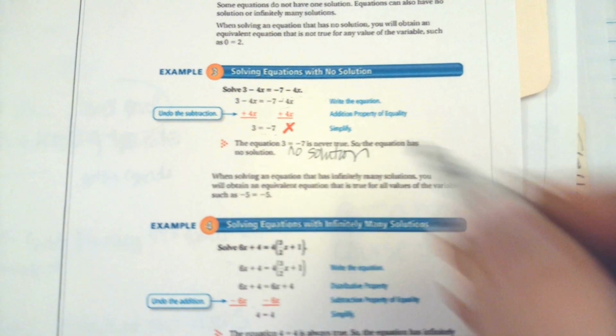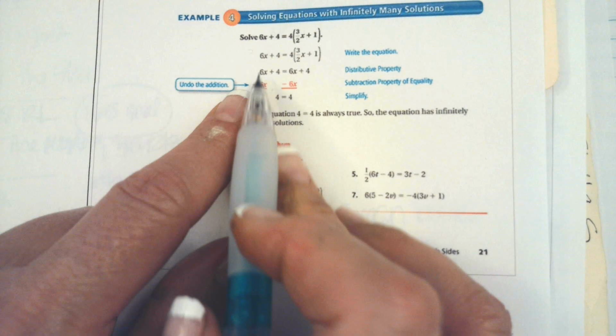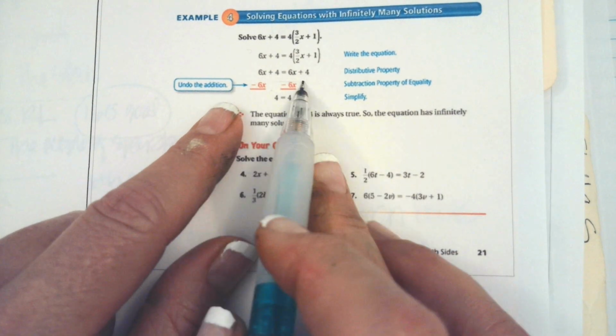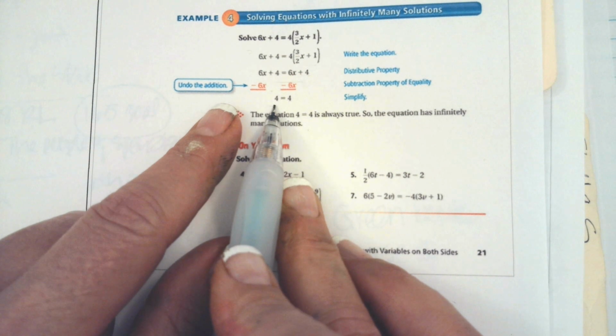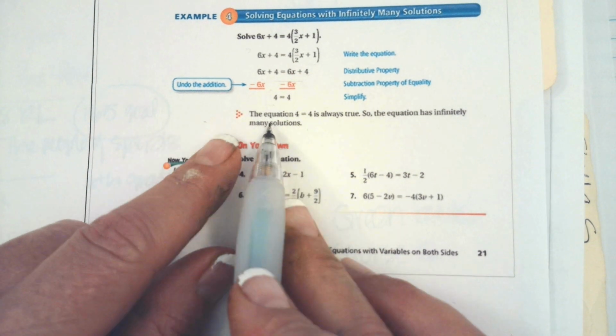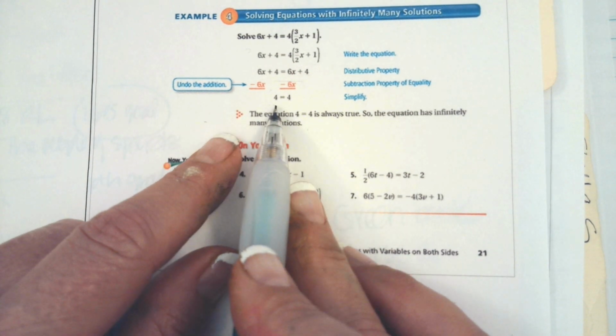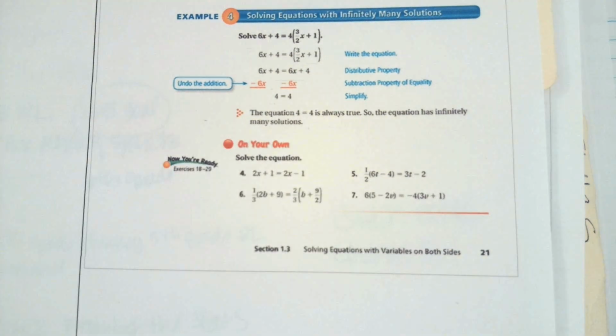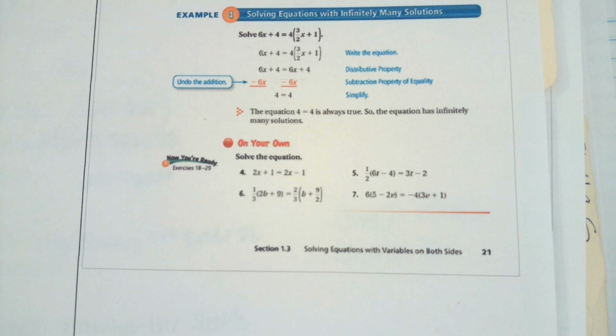If you come up with, as you're simplifying and you're doing everything, 4 equals 4, that means that that's always true, right? 4 always does equal 4. So the equation has infinitely many solutions.